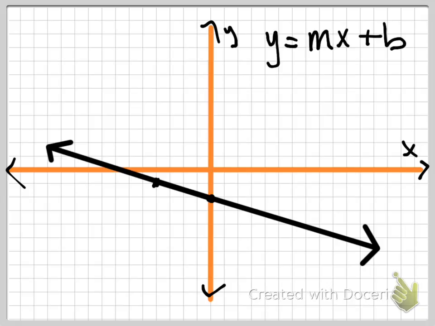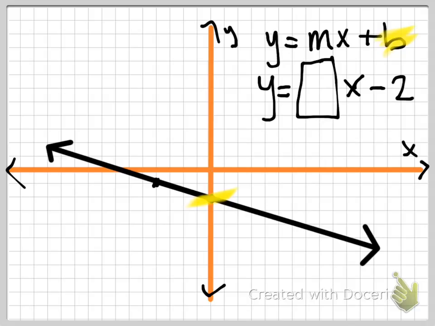Well, I see immediately that my y-intercept is -2. So therefore, I know my equation has a -2 on the end. What I don't know yet is the slope. Well, I hope you recall that slope is rise over run.